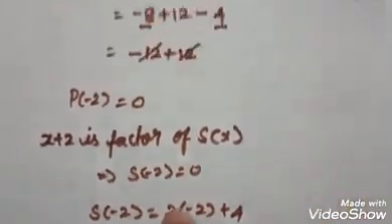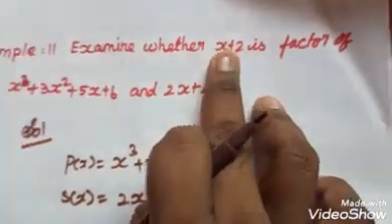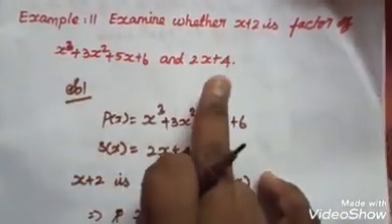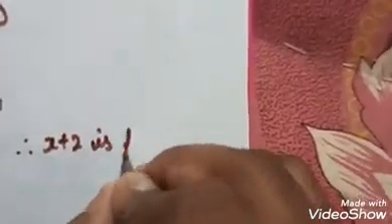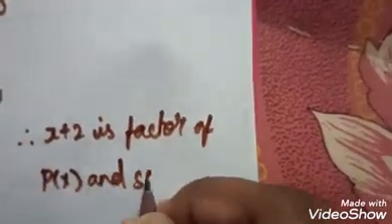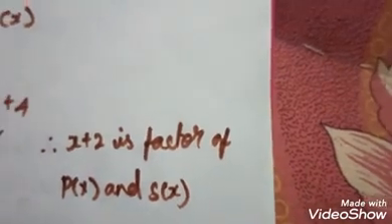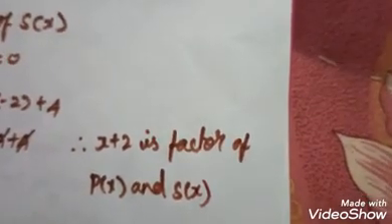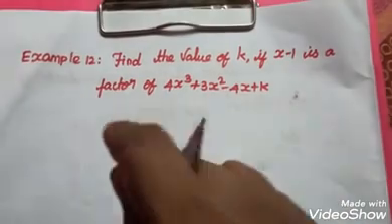Hence we have shown that x plus 2 is a factor of p of x and s of x. Therefore x plus 2 is a factor of p of x and s of x. Next we move on to example number 12.